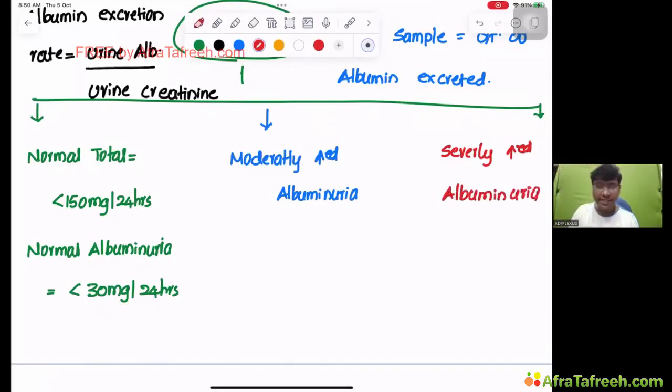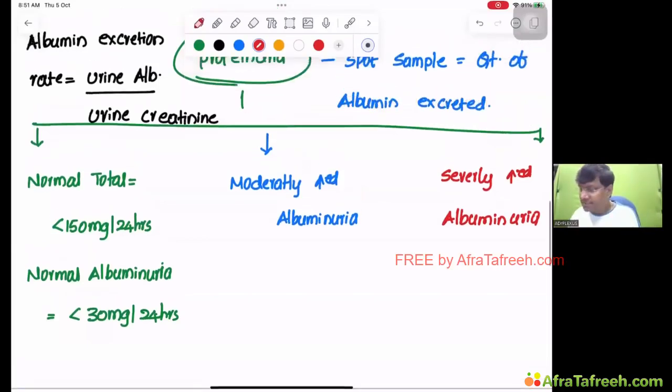Severely increased albuminuria. Now, how to make out moderately increased albuminuria and severely increased albuminuria?